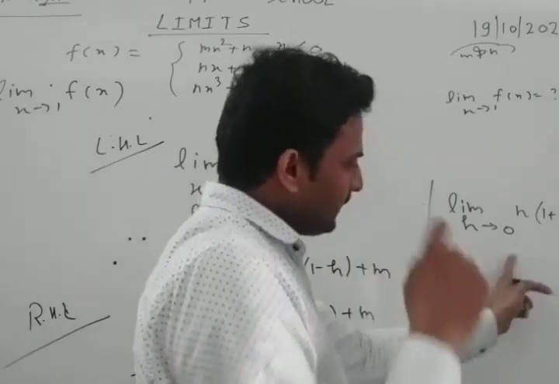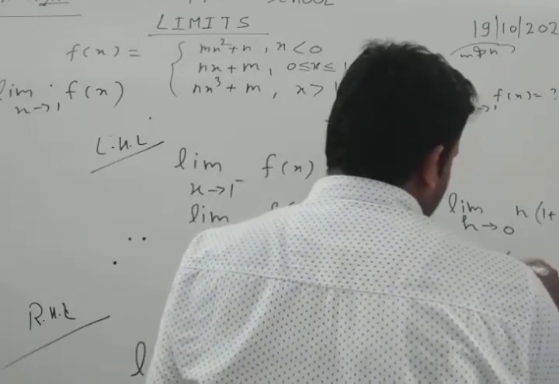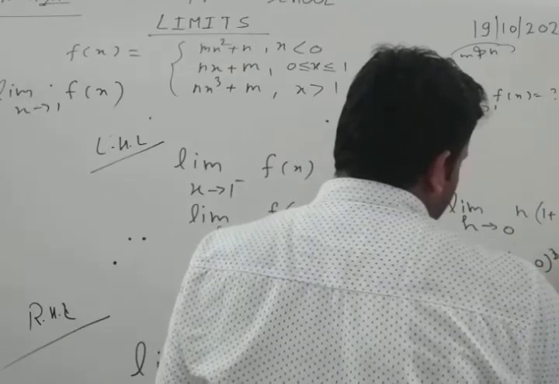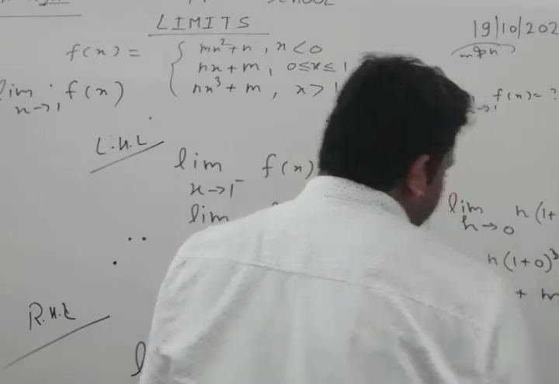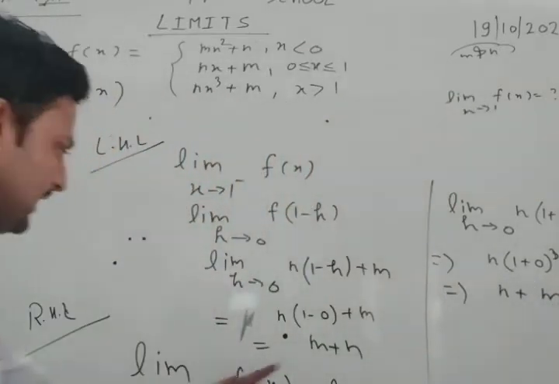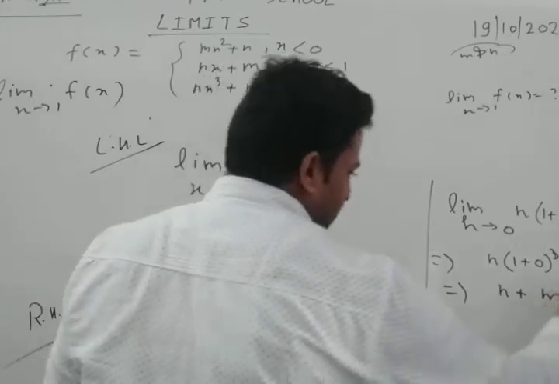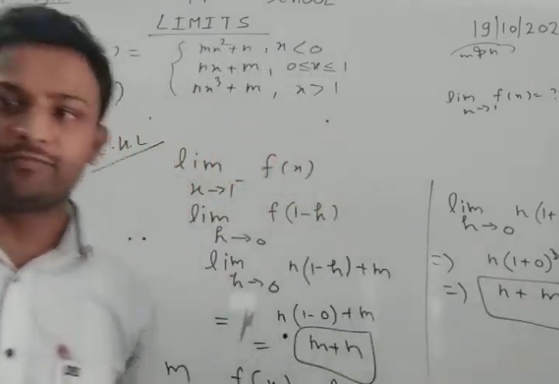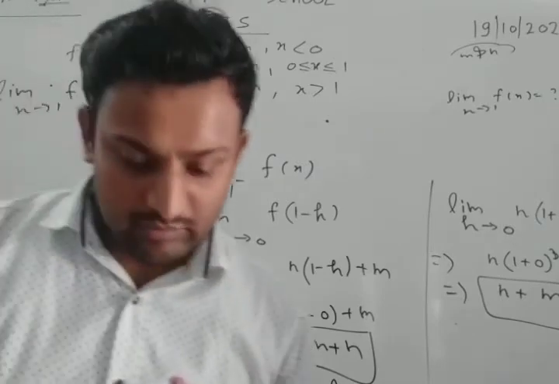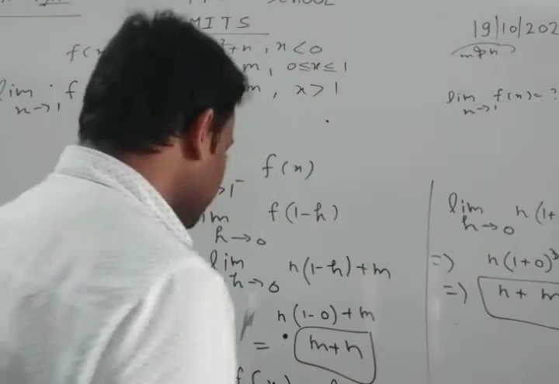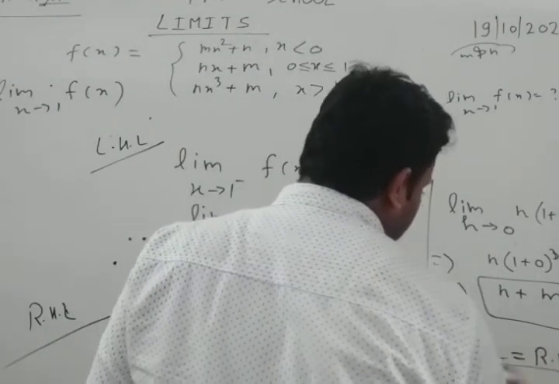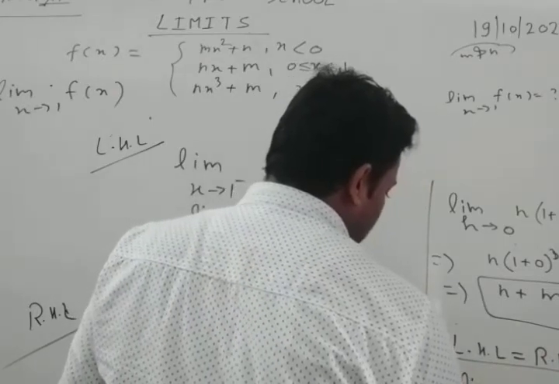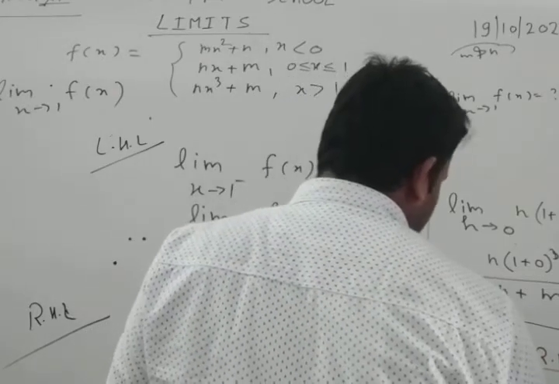Now put the value of the limit: we get n(1 + 0)³ + m, so n + m. Okay, so our left hand limit is m + n and the right hand limit is n + m. So both are same, so the limit of the function exists. Okay, because we are seeing that the left hand limit is equal to the right hand limit. So the limit as x tends to 1 of f(x) is what?